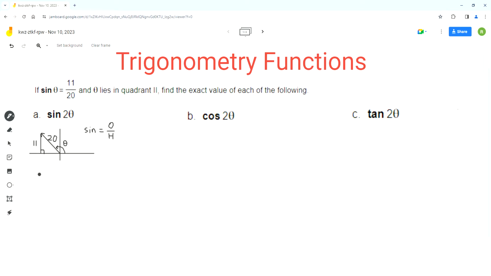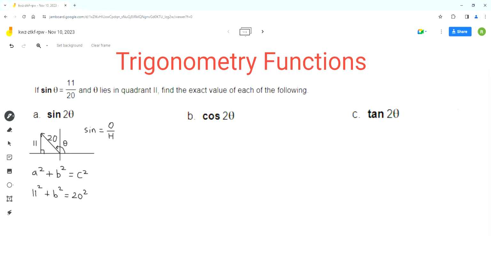The Pythagorean theorem equation is a square plus b square equals c square. In this equation, a and b represent the vertical and the horizontal side and c is the hypotenuse. So we can sub in the values. Let's assume a is 11. So 11 square plus b square equals 20 square.